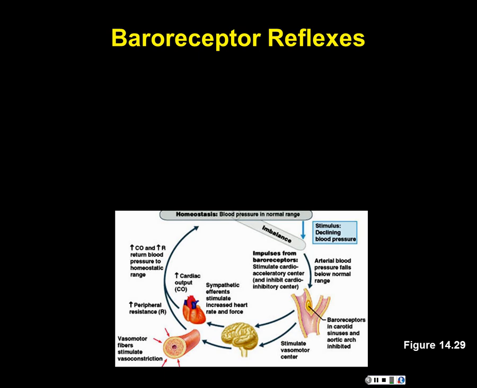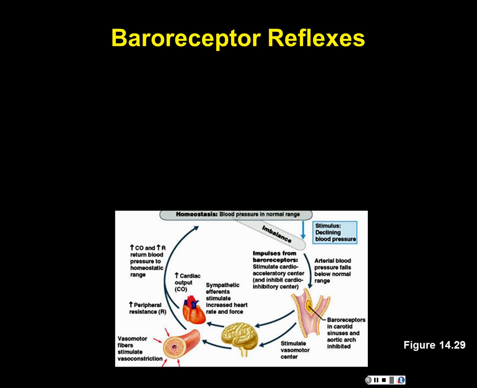Baroreceptors, the same ones, in the aortic arch and the carotid sinus. They communicate with the medulla oblongata and say, this is too low. I need to fix this by activating which subdivision of the autonomic nervous system? Sympathetic nervous system, and turn down the activity of the parasympathetic.